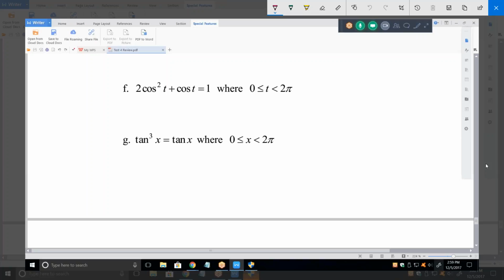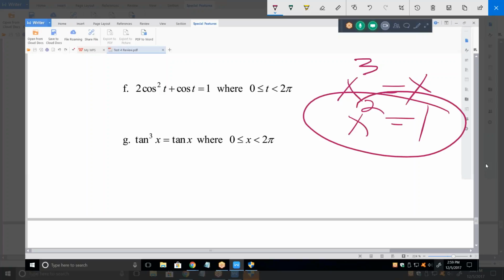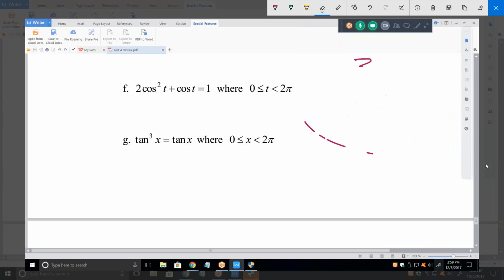If I say x cubed equals x, and I divide both sides by x, I lose the solution that x is equal to 0, because I end up with x squared equal to 1. Well, I don't find x equals 0 anywhere in there. So the fact that I divided both sides by x and x equals 0 happened to be a solution, I lost it. And the same thing happens here.